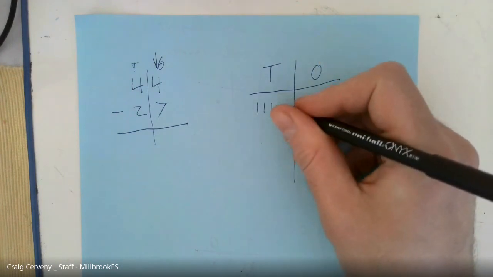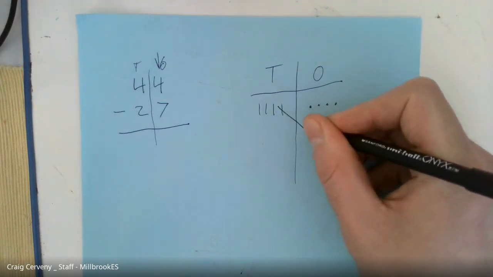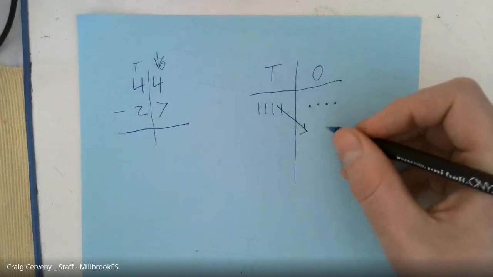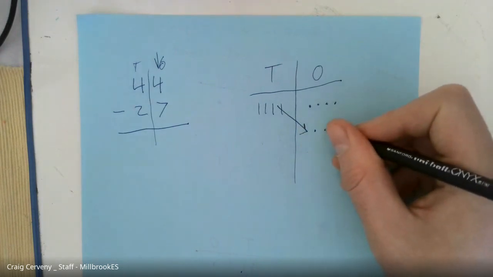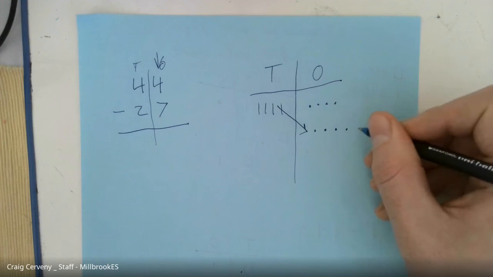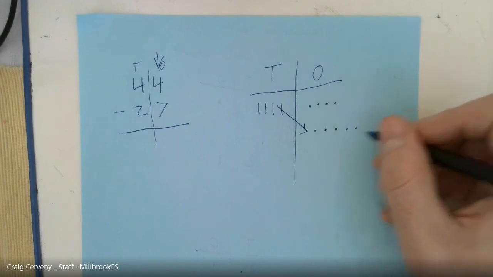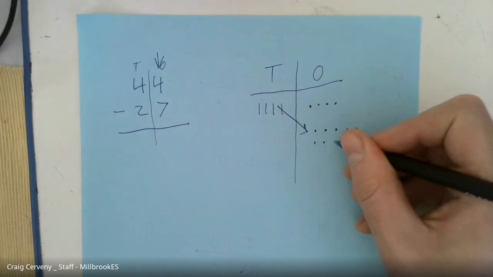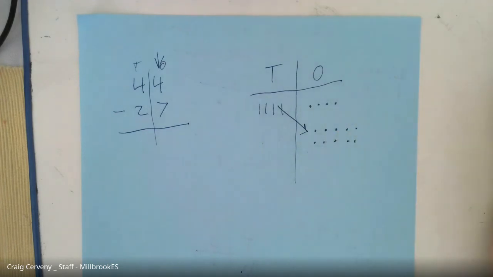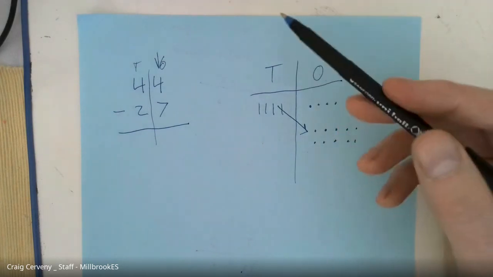So I'm going to cross out this 10 in the tens place and bring it over and make them ones, 10 ones here. I like to make them in groups of 5, so it's easier to count. 1, 2, 3, 4, 5, 6, 7, 8, 9, 10. And then we refer back here.